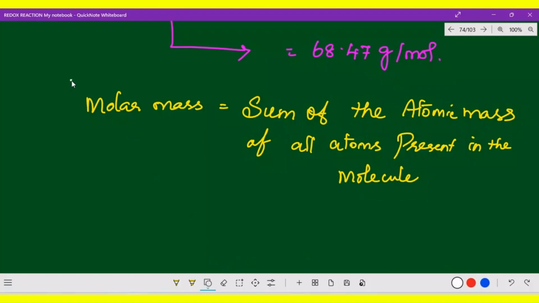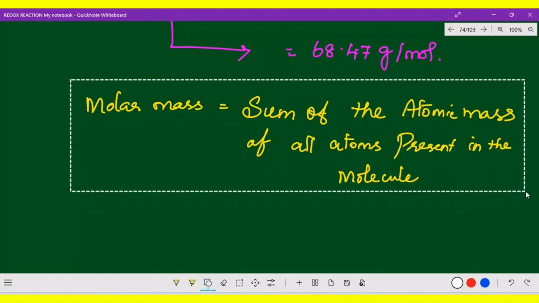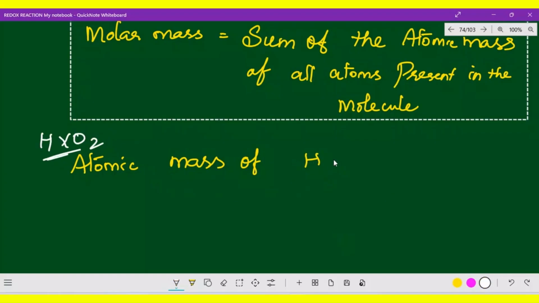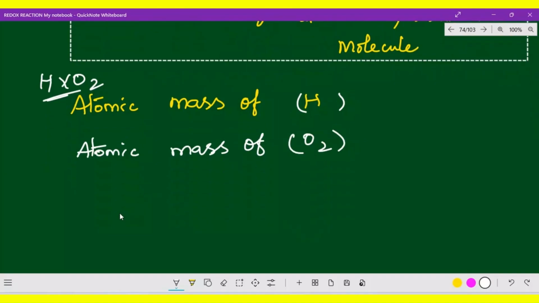Yes, now this is a very important point to be noted down. Please note it down. Now let us apply it. The atomic mass of hydrogen, the atomic mass of oxygen, the atomic mass of X. Here it is HXO2. So in that, the atomic mass of hydrogen, the atomic mass of oxygen O2, and the atomic mass of X. This is only what we have to identify.